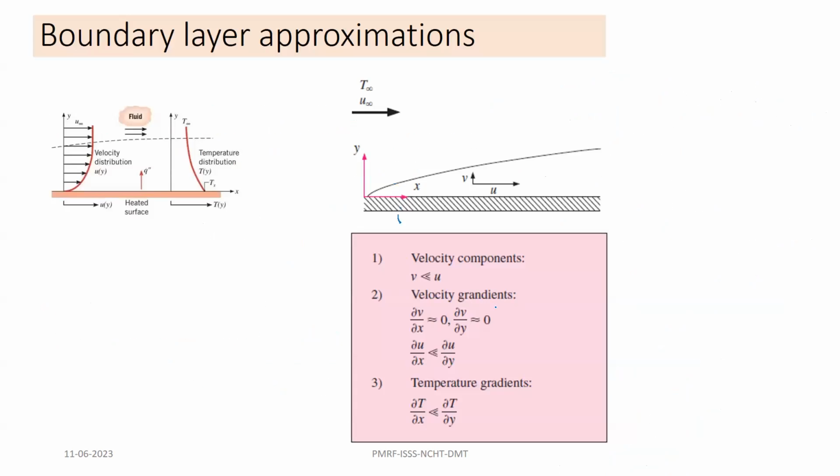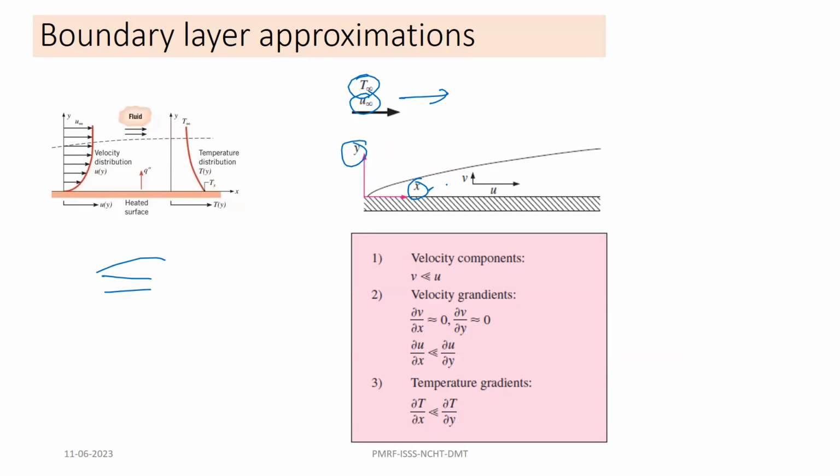Another aspect, which was actually discussed roughly in the previous session, is the boundary layer approximation. Suppose a plate is heated, a boundary layer will obviously be formed. When that is happening, there is a flow, so there is a U infinity and T infinity in this direction. That is the X direction. Also there is a Y direction.